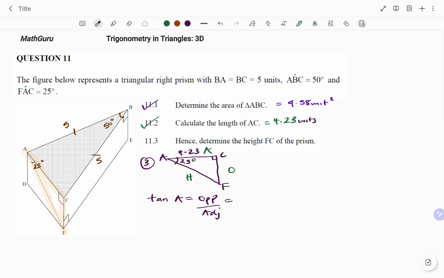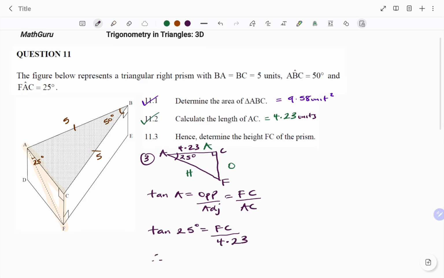And in this case, that will be FC over the adjacent, which is AC. So putting in my values, I have tan of 25 degrees equals FC, that's the missing side, over AC, 4.23.